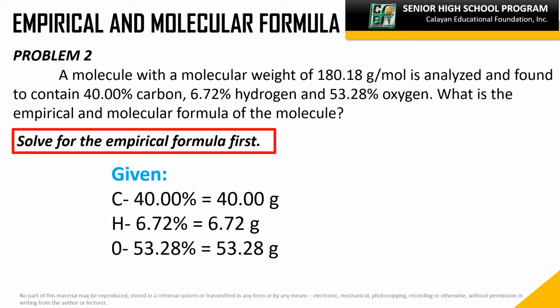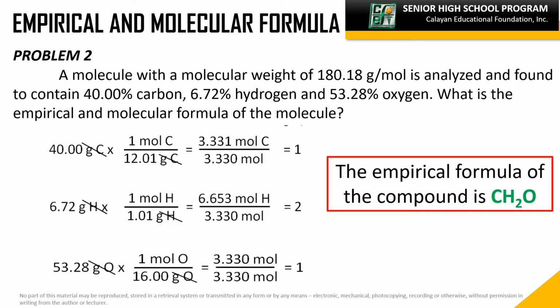On the given, we have 40.00% of carbon, so that is equivalent to 40 grams. For hydrogen, we have 6.72%, so that is equivalent to 6.72 grams. For oxygen, we have 53.28%, so that is equivalent to 53.28 grams.